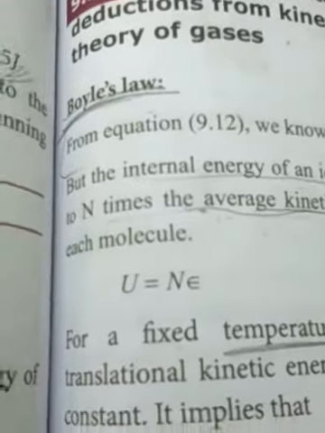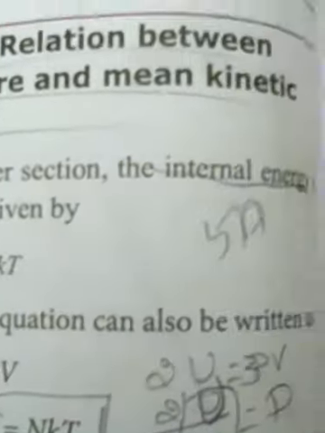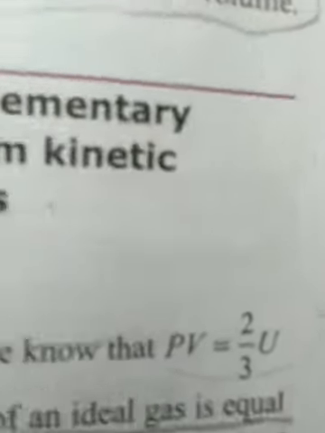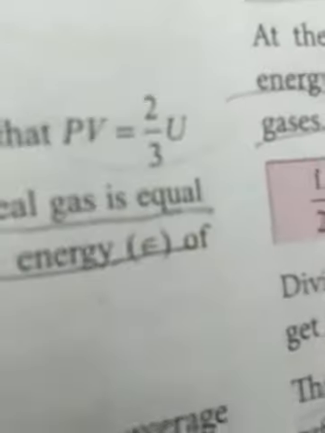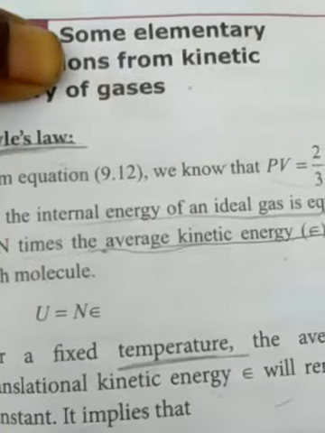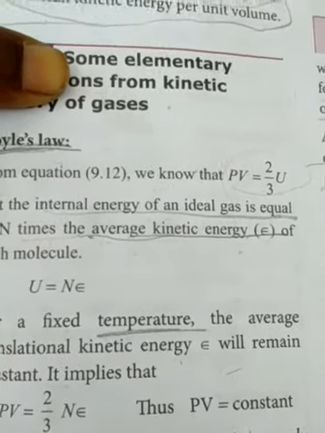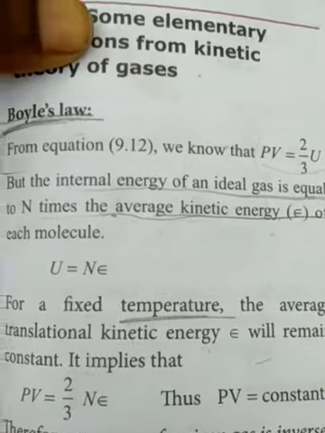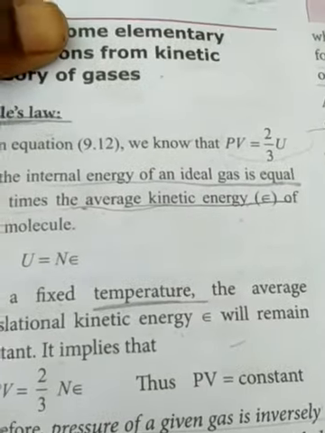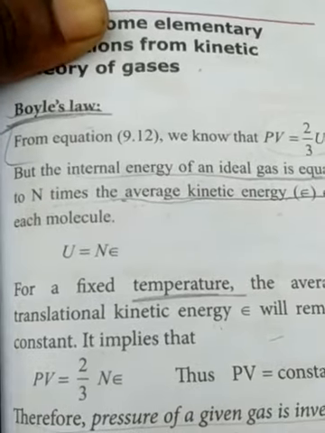Now we take the equation 9.12, PV equals 2 by 3 times U. Next, the internal energy of the ideal gas equals N, the number of molecules, times the average kinetic energy E of each molecule.